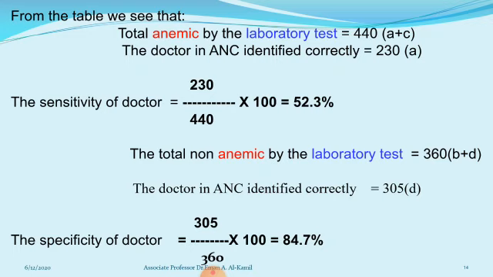This means that the doctor is able to exclude anemia among non-anemic women, labeling individuals as having no anemia when they have no anemia according to the standard test.